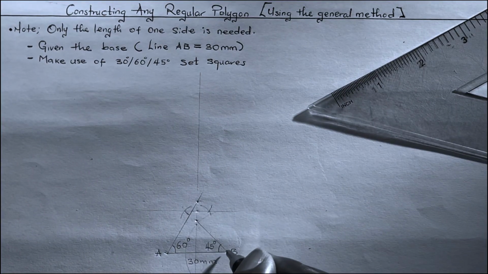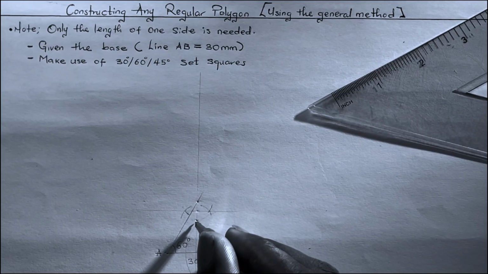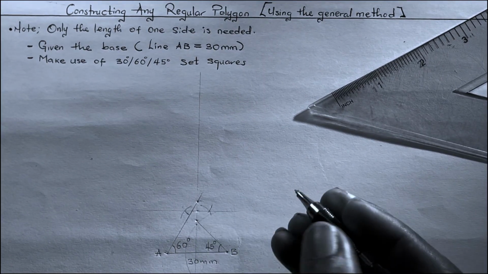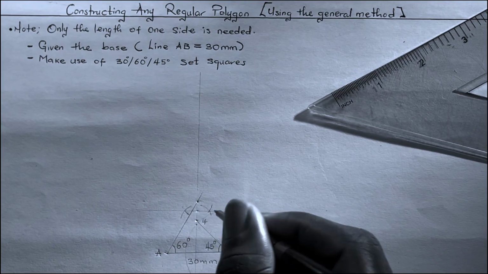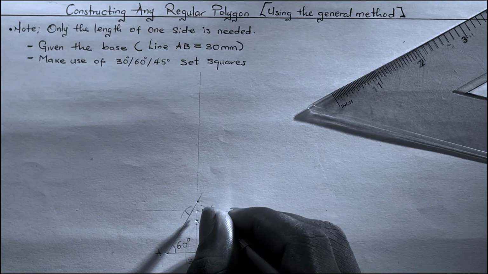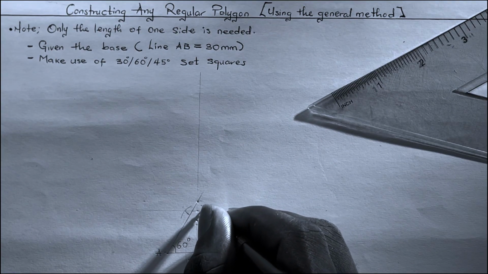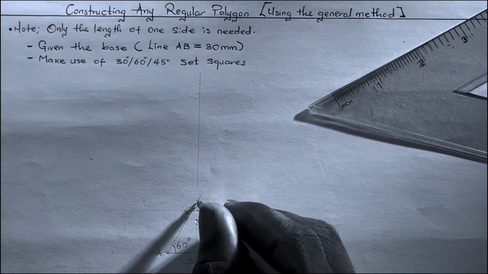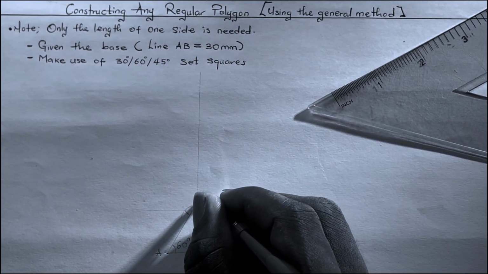So the first point at which the 45 degrees touches the line is our point 4. We label it as point 4, while the next point to which we have the line is point 5, and the next point to which we have our 60 degrees is point 6.